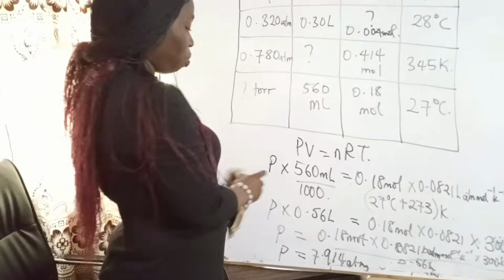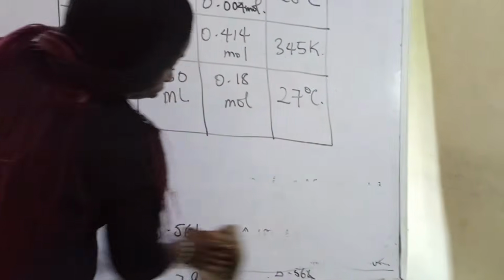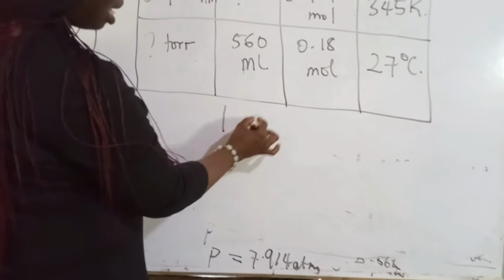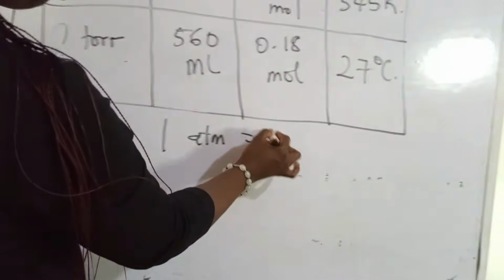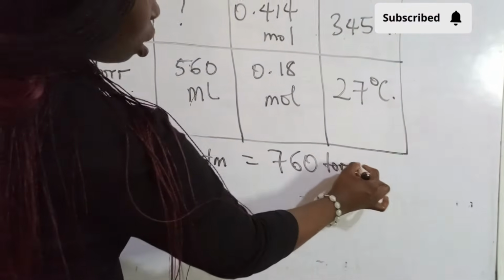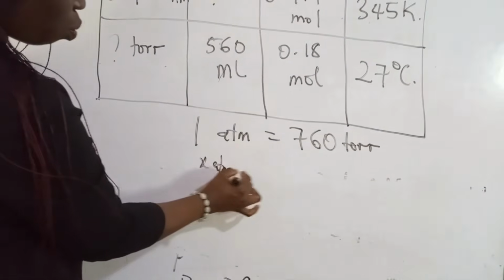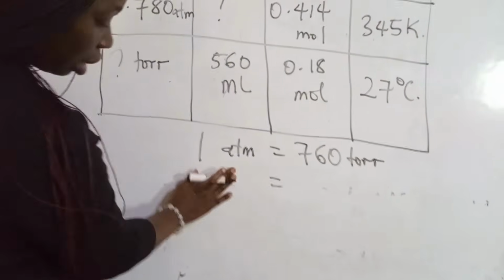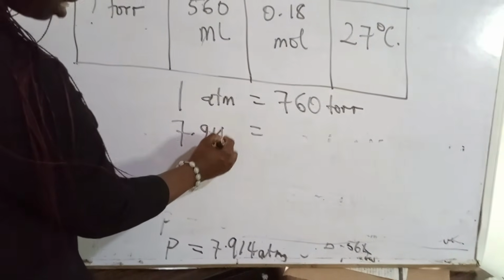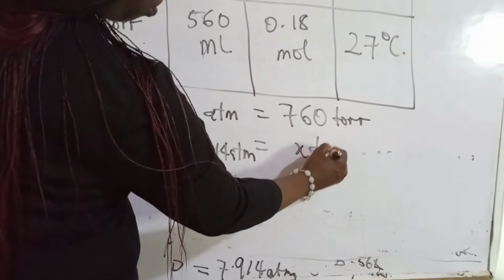So now that we have gotten atm, it means that we will now find pressure in torr. And how do you find pressure in torr? 1 atm is equal to 760 torr. Therefore, 7.914 atm will be equal to how many torr? X torr.